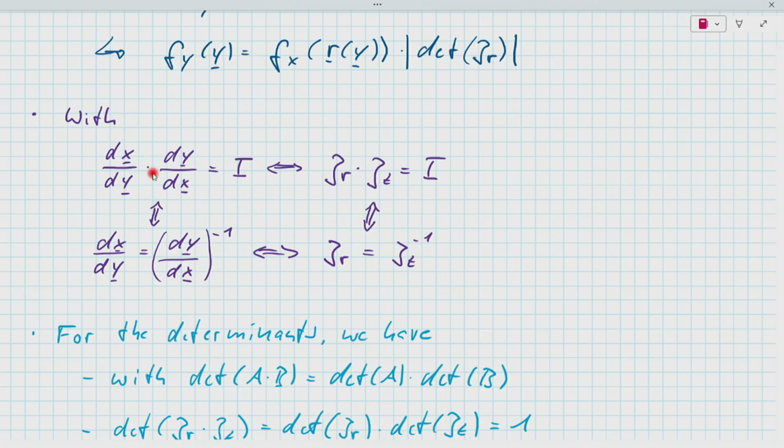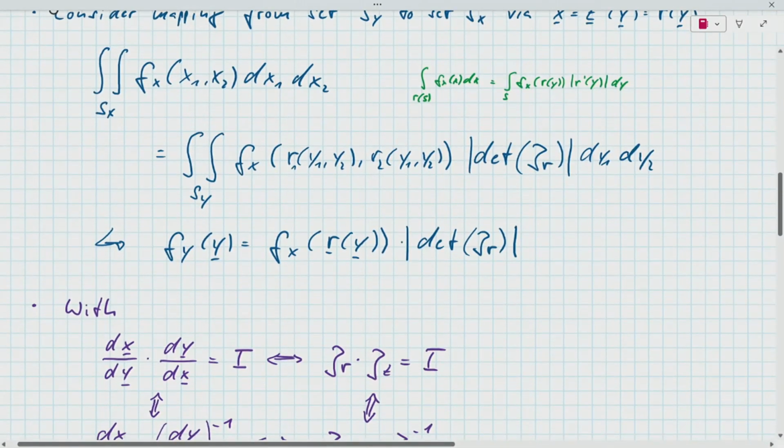Or from here to here, I can also invert that part and also see that this is true. So the Jacobians are inverses of each other, which is interesting. So for the substitution, same as in the one-dimensional case, I only have to decide for one type of substitution.